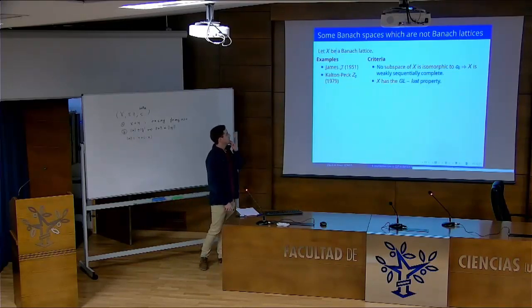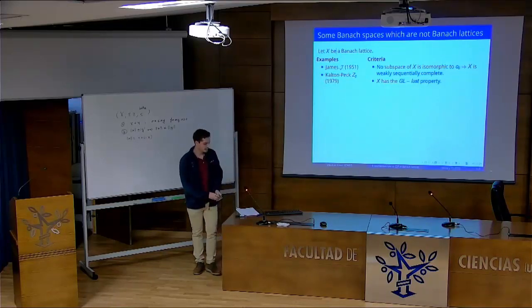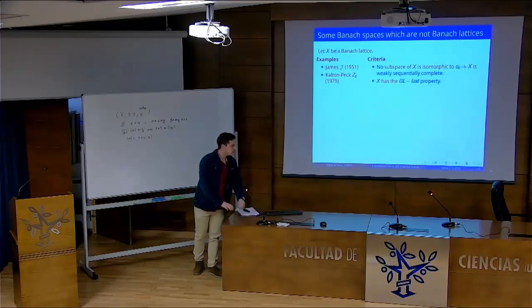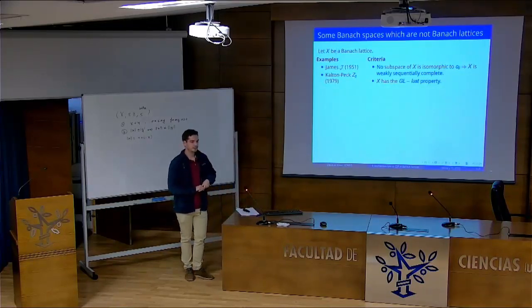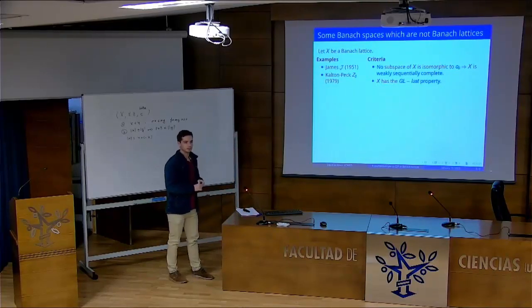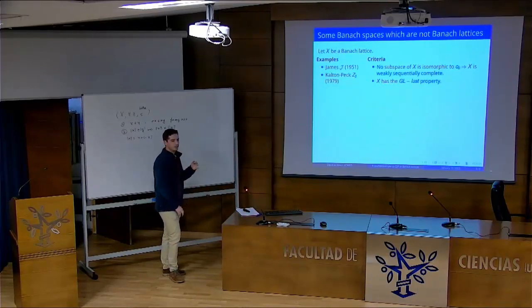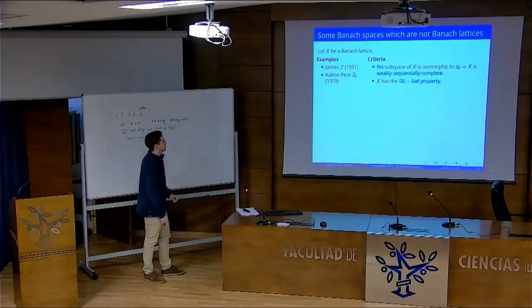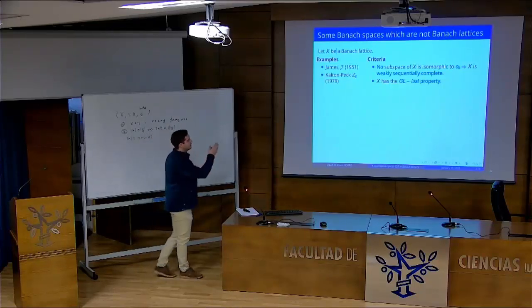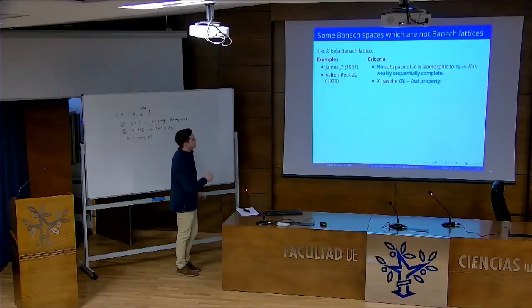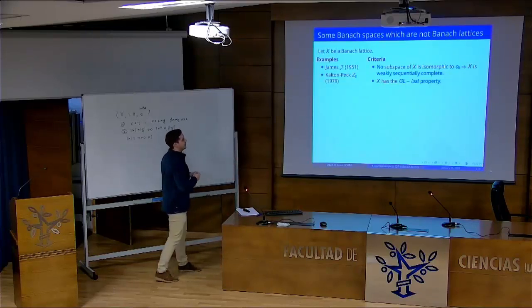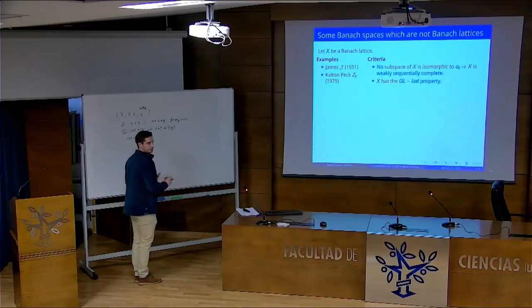This space doesn't have local unconditional structure in the sense of Gordon-Lewis. There is another notion of local unconditional structure, of Dubinsky, Pelczynski and Rosenthal, but I think the Gordon-Lewis notion is the usual one.